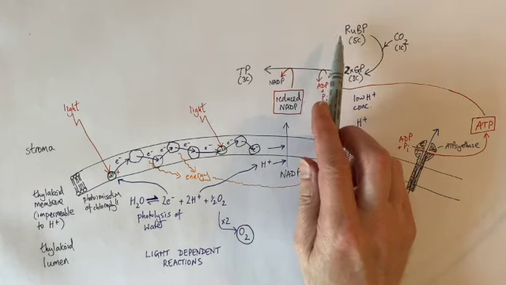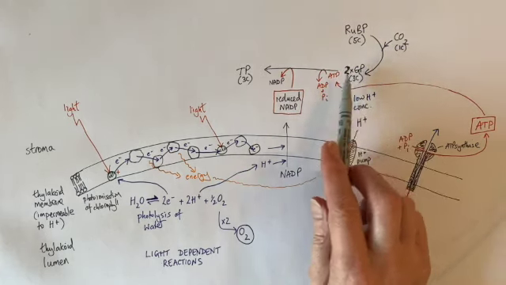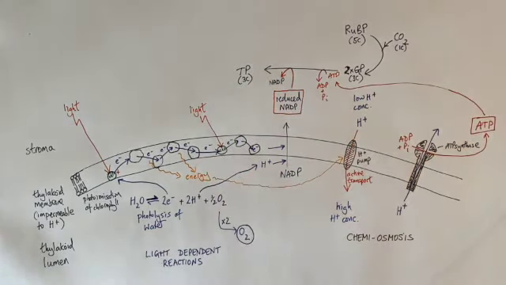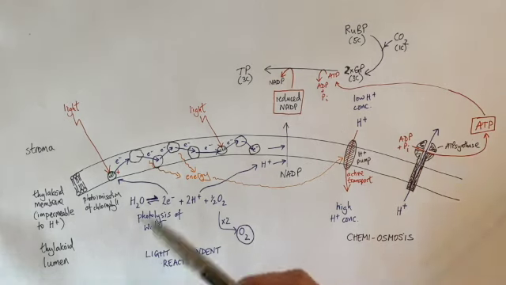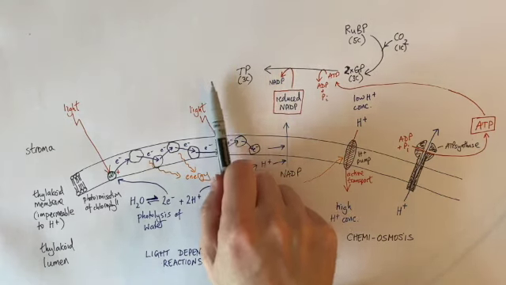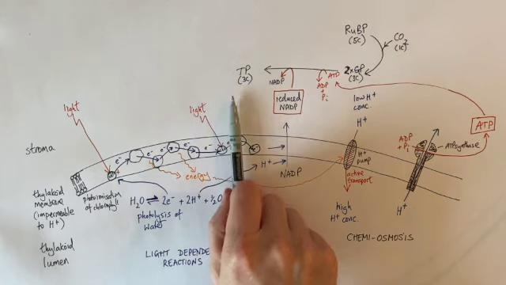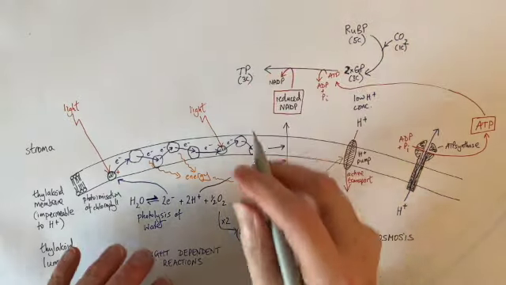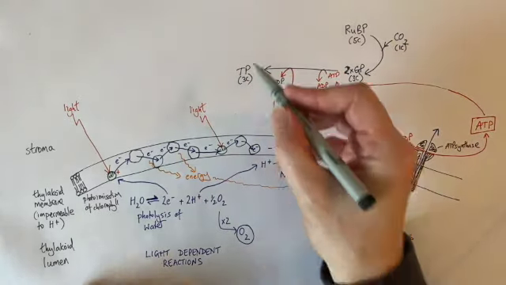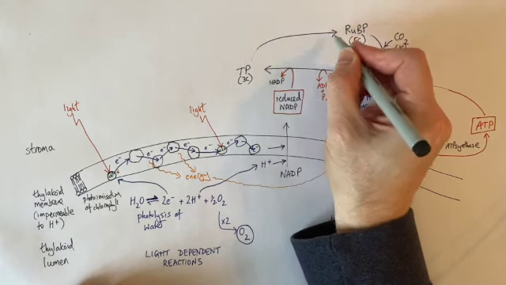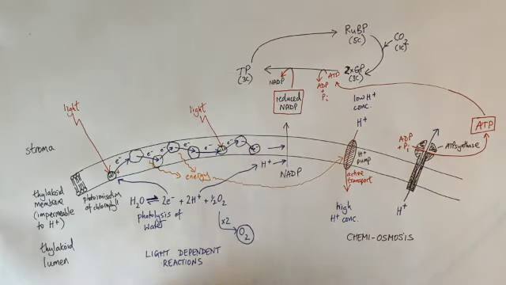But there could be 1 million of them, and therefore 2 million of them. And that would mean there's like 2 million TPs. Don't worry about what the actual numbers are. Just think that now in the stroma, there's a really large number of TP, triose phosphate molecules. Well, some of them will react together in a series of reactions called the sugar shuffle, which I think has been mentioned before, to form RuBP again.